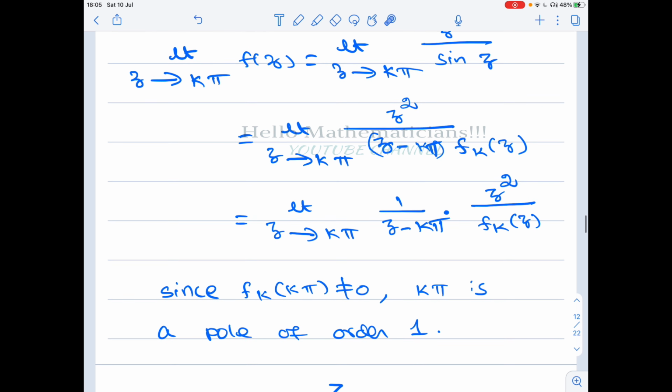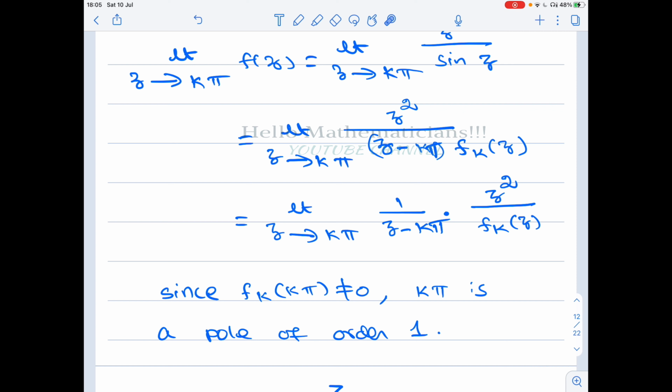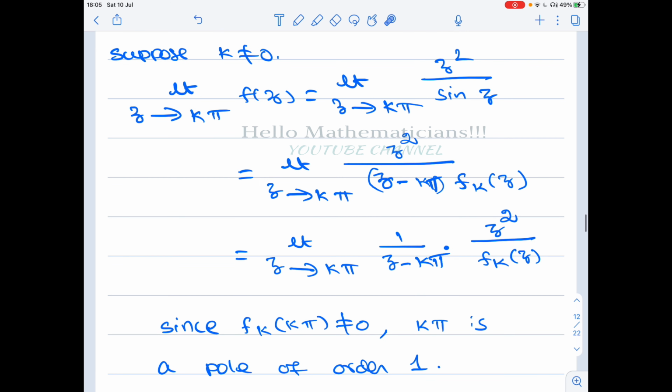So we get the limit z tends to k pi, this 1 by (z minus k pi) term I am taking outside, I get z square by fk of z. Now k pi is not a root of fk of z. Therefore no more (z minus k pi) will come from this side. Therefore this is equal to the limit z tends to k pi of 1 by (z minus k pi) into some function.